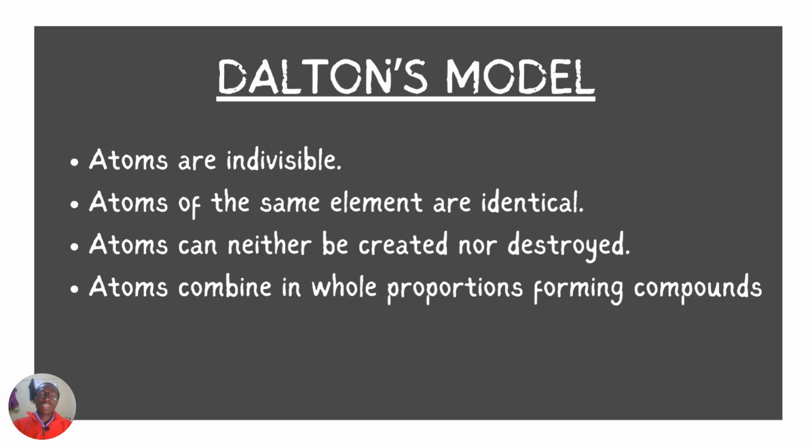He also said that atoms can neither be created nor destroyed. So this provided some conservation of mass, even in reactions. And he acknowledged that atoms combine with other atoms, but they do so in whole ratio proportions, forming compounds. So there was no concept of subdividing.